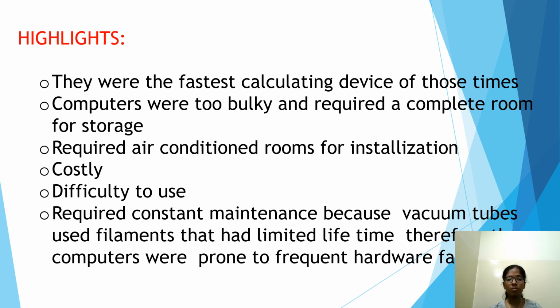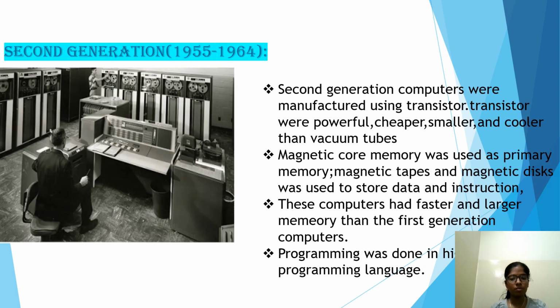The first generation computer was the fastest calculating device of that time. It was too bulky, required a complete room for storage and air conditioned rooms for installation, and it was very costly and difficult to use. It required constant maintenance because vacuum tubes use filaments that have a limited lifetime. Therefore, computers were prone to frequent hardware failure.